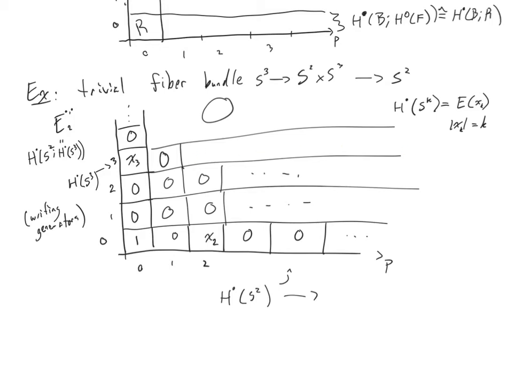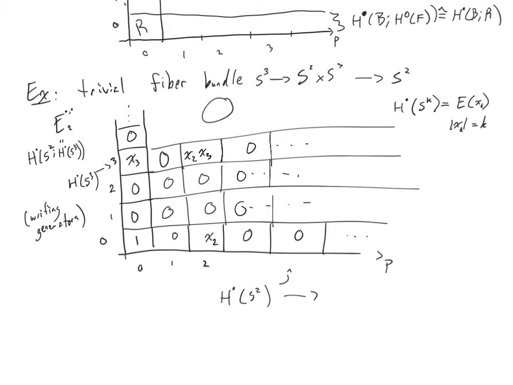But in order for it to have the correct multiplicative properties, this guy has to be x_2 x_3, etc. So you've got zeros.